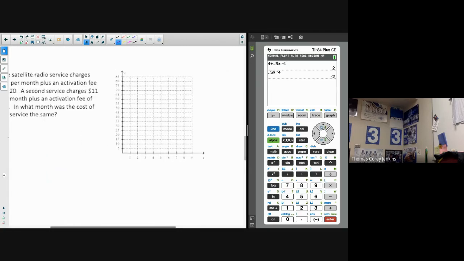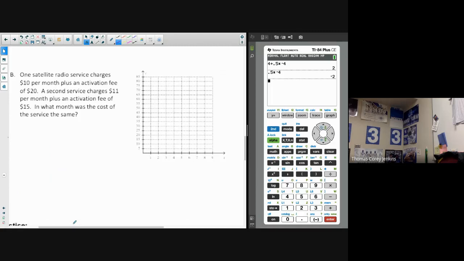All right, so this one says 1 satellite radio service charges $10 per month plus an activation fee of $20, right? So automatically think MX plus B, so which one's M, which one's B? Your per month is going to be your M, so M is 10.